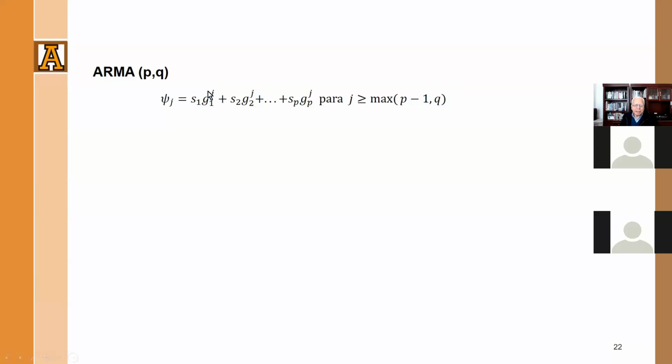Now, for an ARMA(P,Q), the psi j's can be written as S1 G1 to the J up to SP GP to the J, which represent the P initial conditions, for J greater than or equal to the maximum between P minus 1 and Q. Okay, so whatever is greater, either P minus 1 or Q, for values of J greater than that, the Jth weight will be equal to this thing here, okay?